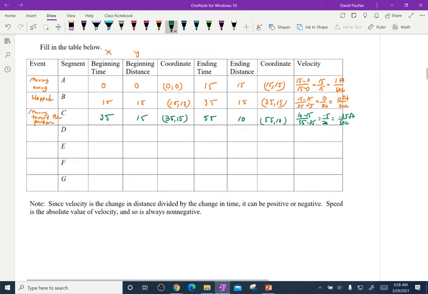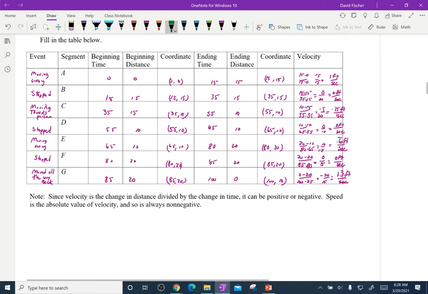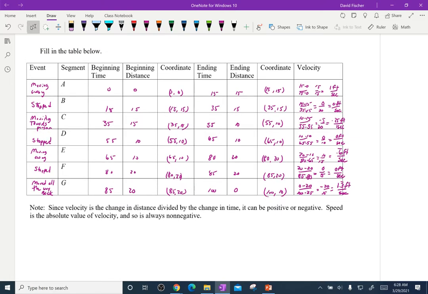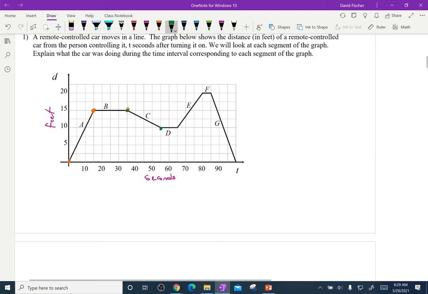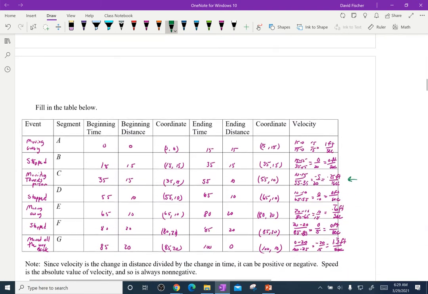Okay, welcome back. I have my chart filled in, so I think we stopped up here at 0.25 per 1 second. So the next one, you should have had 0 feet per second. Well, that makes sense because on D, on the graph up there, he stopped, didn't go anywhere.